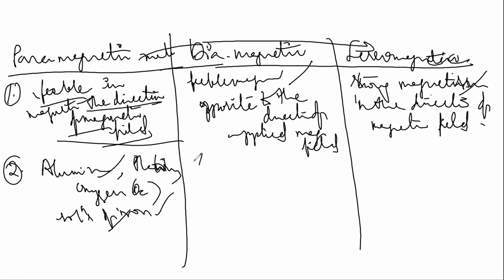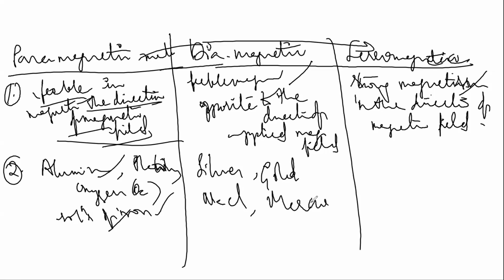Here you can take silver, gold, sodium chloride, and mercury, which come under diamagnetic. You also have copper, zinc, and bismuth. So zinc, bismuth, silver, gold, sodium chloride, mercury, and copper all come under diamagnetic substances.